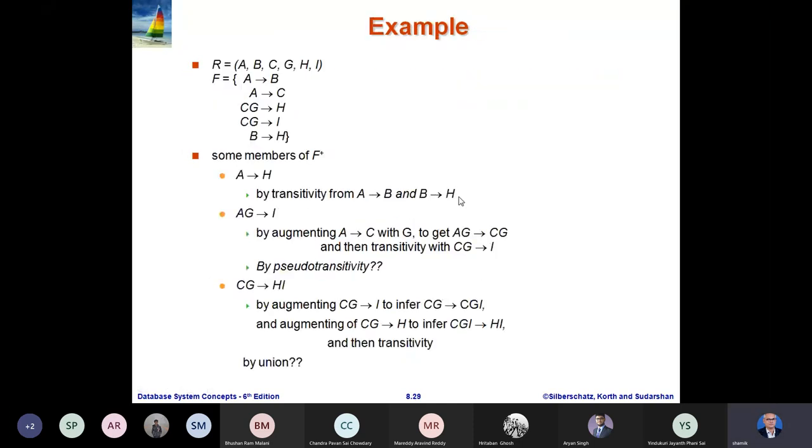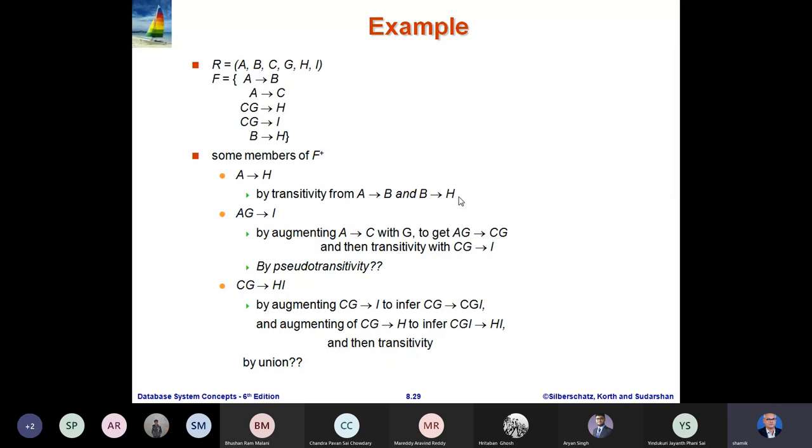Also, you see that here, suppose we are given A to B, A to C, CG to H, CG to I, B to H. Out of these, through application of Armstrong's axioms or the additional rules, if we can get to a situation where a set of columns on the left functionally determines all the columns on the right, then you understand that those on the left form a super key.